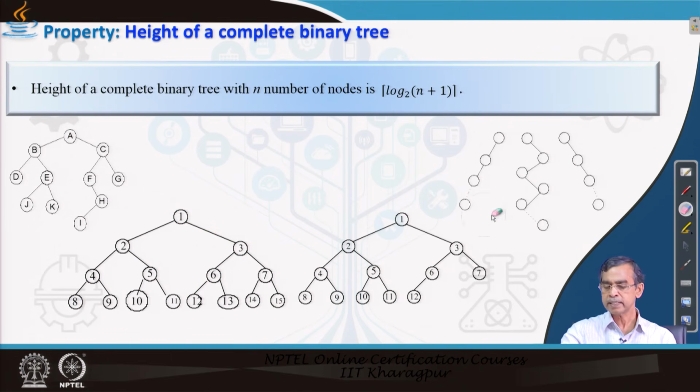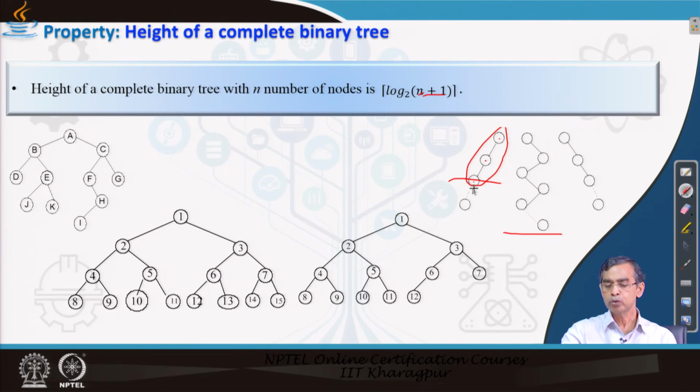Now for this tree again we can verify. The number of nodes is, for example here, 3. So 1, 2, 3, 3 nodes up to this one. So n is 3, and 3 plus 1 is 4.